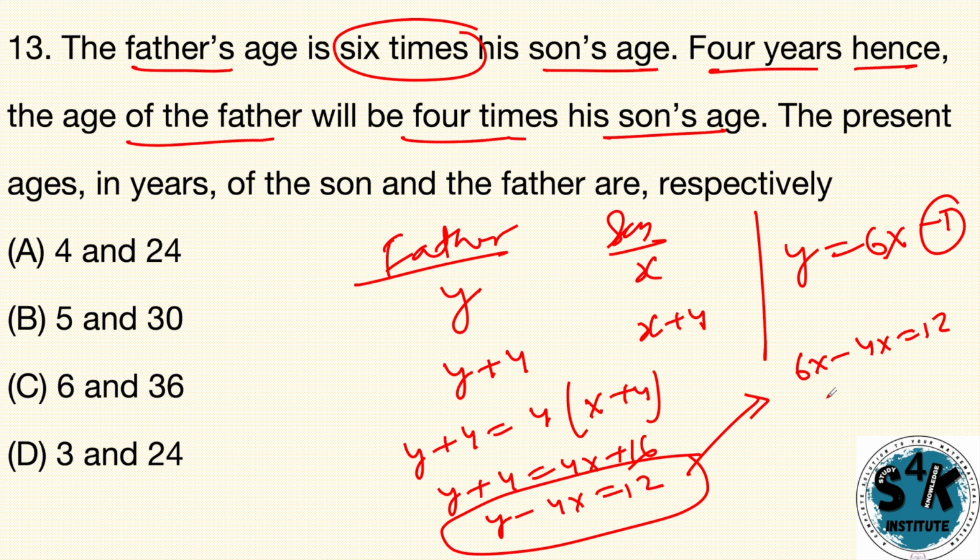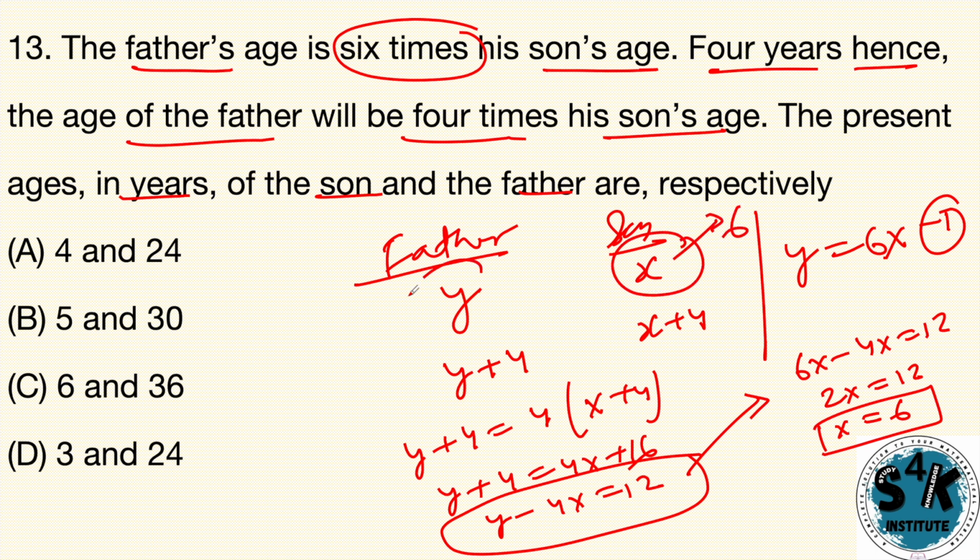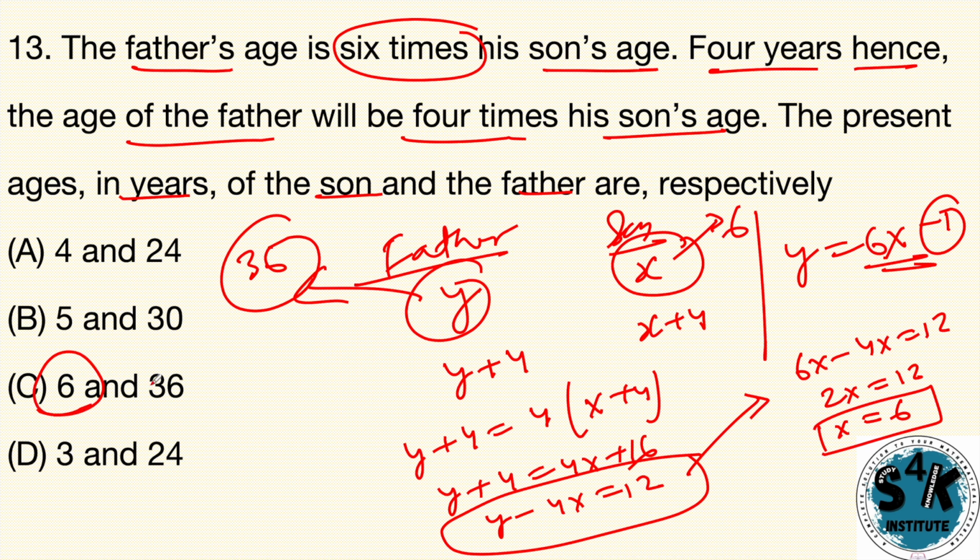So I will be getting 2x is equal to 12, and x I will be getting is 6. Okay, so the present ages of the son and father: x, the son's age, is 6 years, and the father's age will be 6 times x, right? So 36. So the son's age will be 6 and the father's age will be 36. So answer is C.